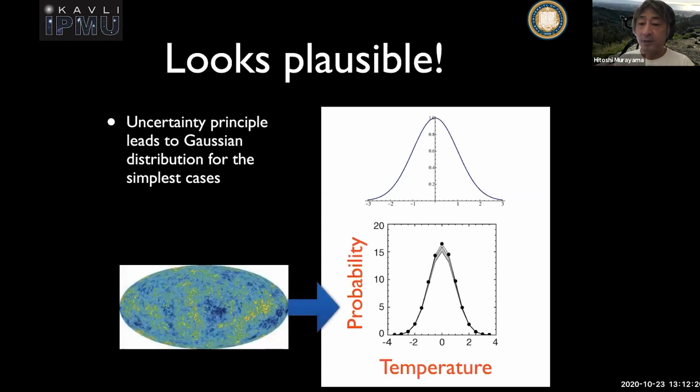And then you can see if the fluctuation is really Gaussian. And indeed, it does look like a beautiful Gaussian. So this is one of the pieces of evidence that the origin of this fluctuation being quantum fluctuation seems to bear out and be consistent with the data.